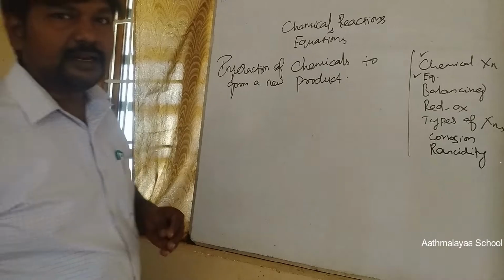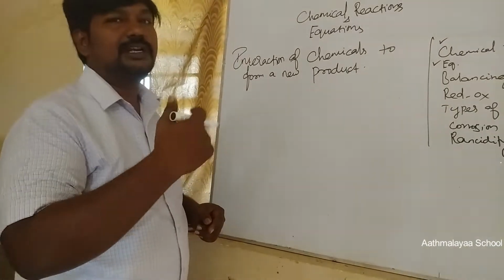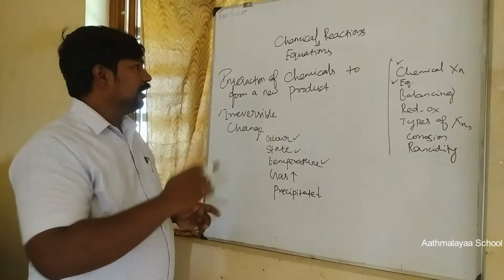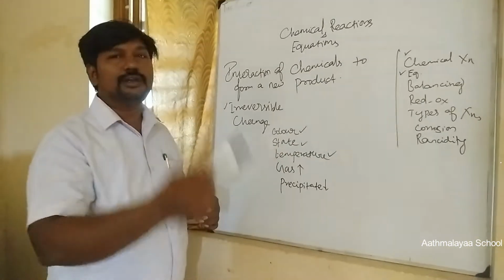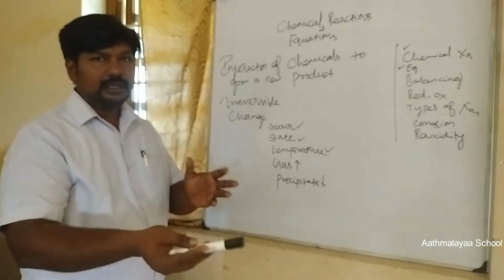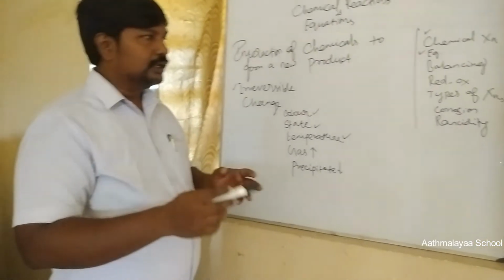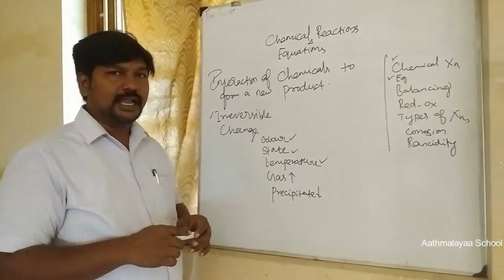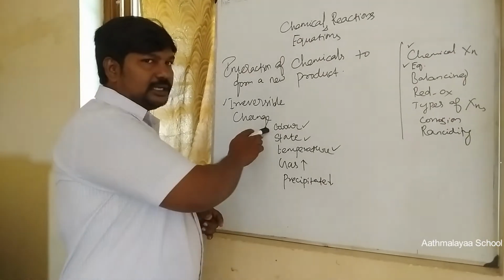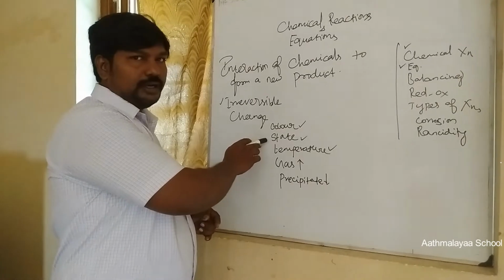These chemical reactions are accompanied by several changes. A chemical reaction can be defined as an interaction of chemicals to form a new product, or rearrangement of atoms or molecules to form a new compound, right? Usually these reactions are accompanied by a change in color or change in state, either solid, liquid or gas.